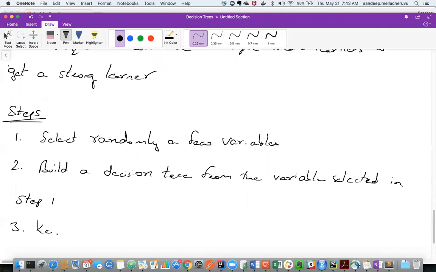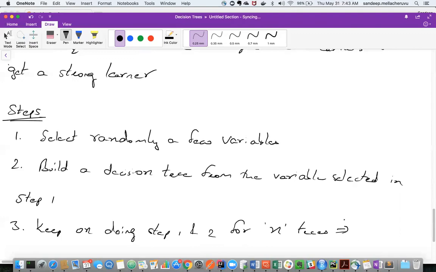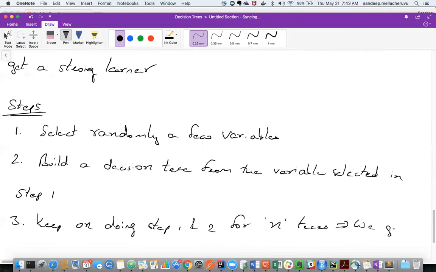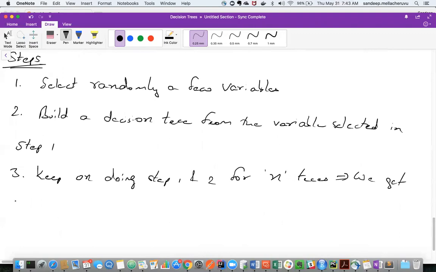Keep on doing step 1 and 2 for n times, which implies we get n decision trees. We'll not get one tree, we'll get n different trees.